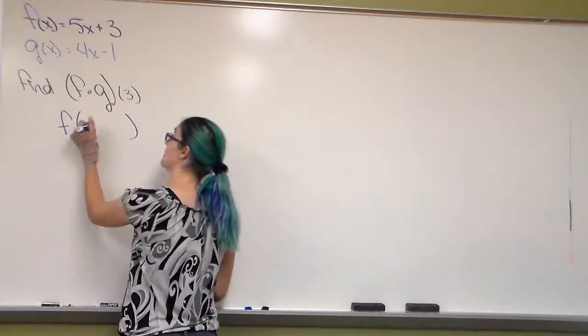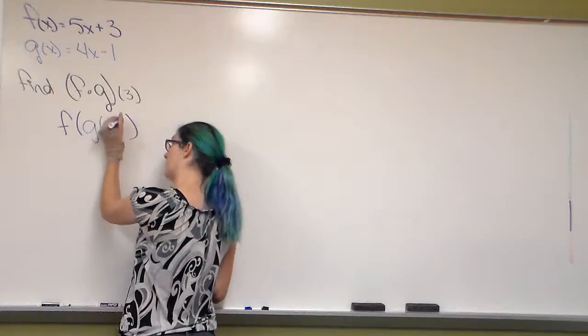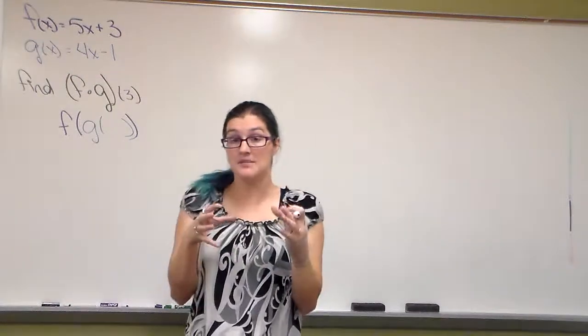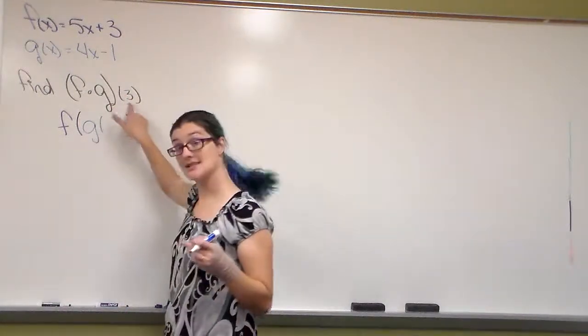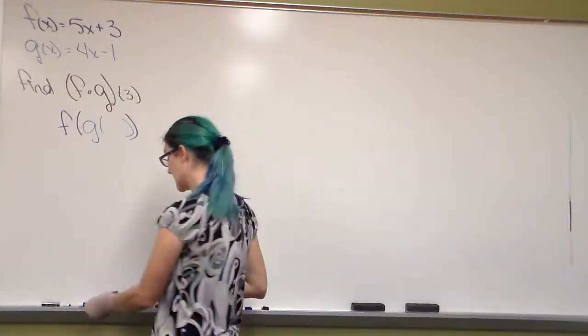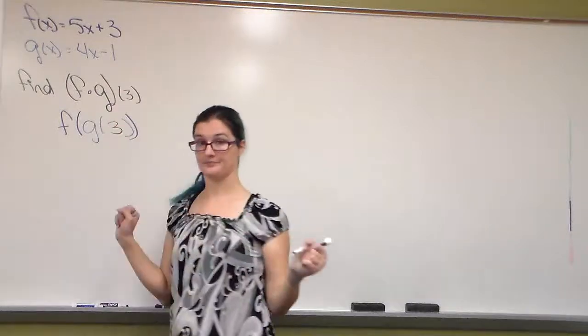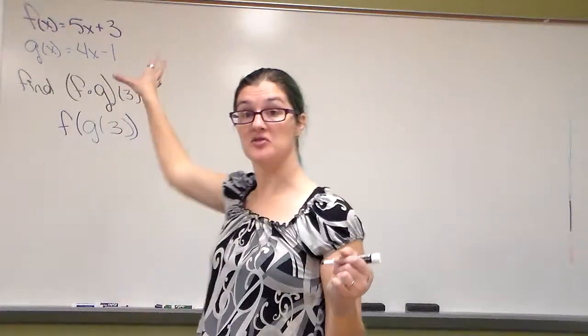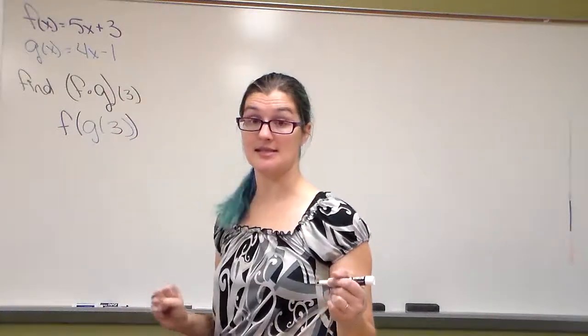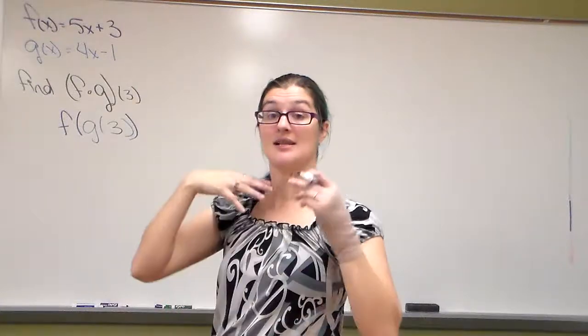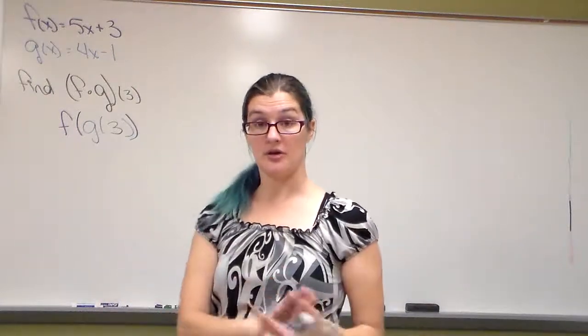I did G in blue. So I'm going to do G of. And the whole thing should be kept inside. Now it's not G of x because they did not put an x there. They did G of 3. So on the inside goes whatever was in that last set of parentheses. If it's an x, you put an x. If it's a number, you put a number.